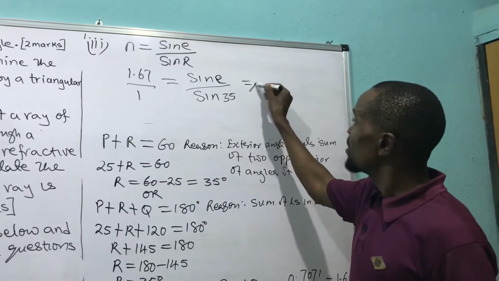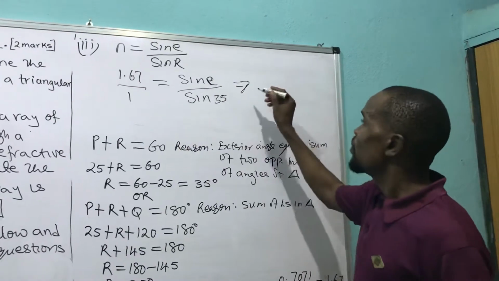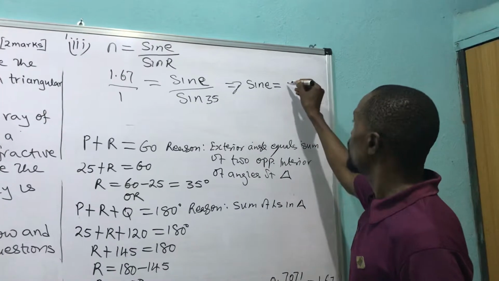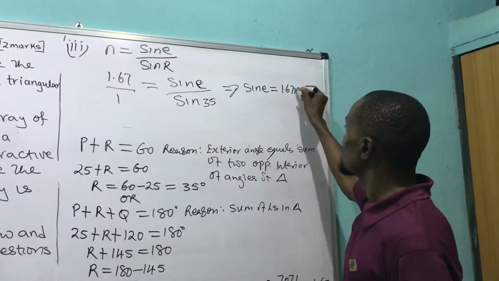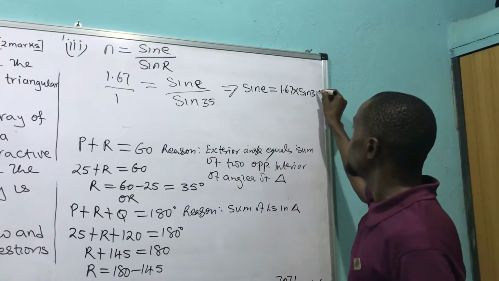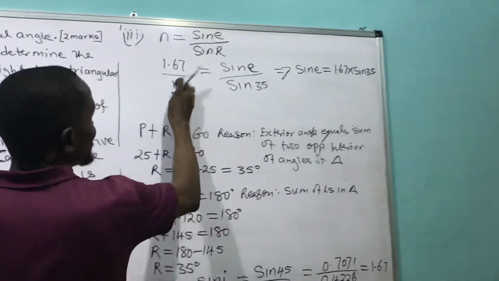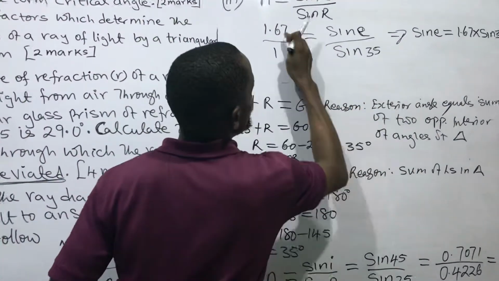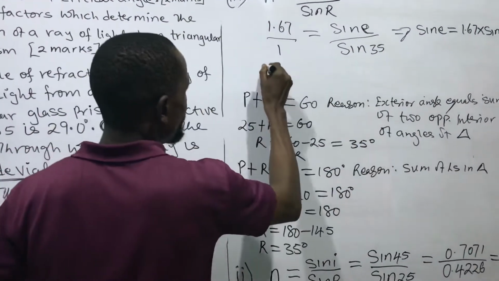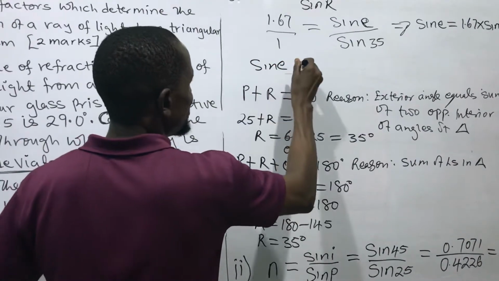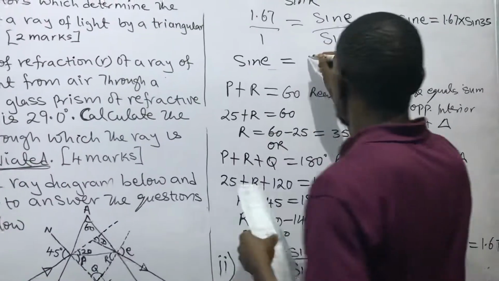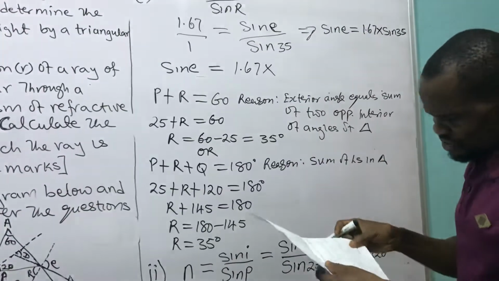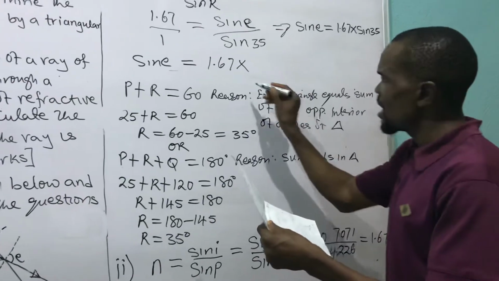So this implies if I do cross multiplication, sine E is equals to 1.67 times sine of 35. That implies that sine E is equals to this times this. Let me look at sine of 35, I haven't done that. What do I have?